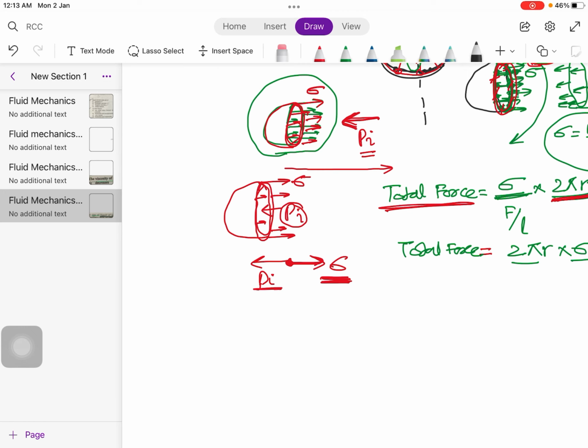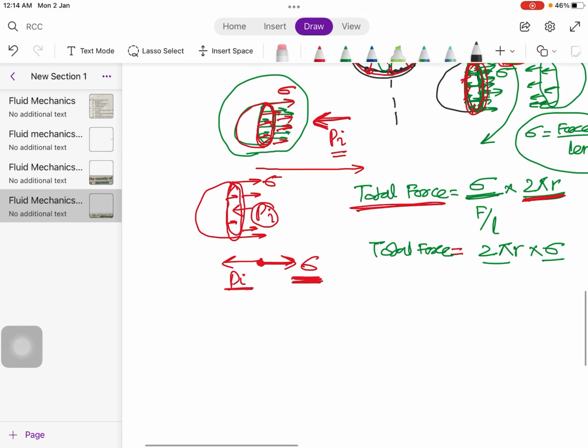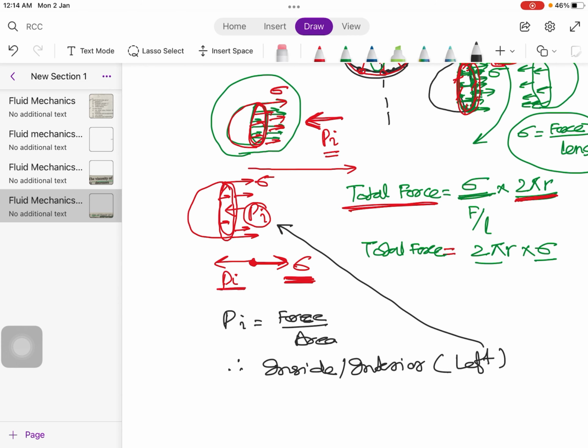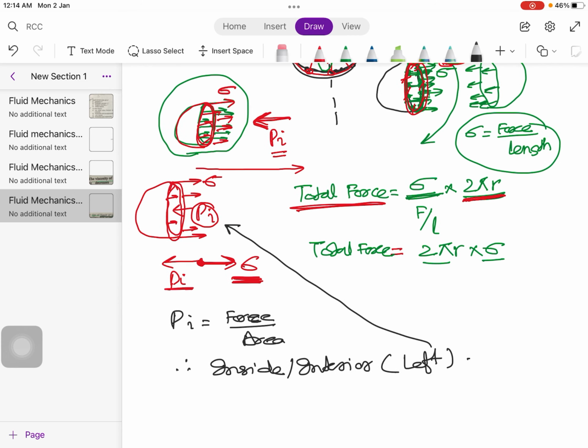Now, pressure is force acting per unit area, and therefore this inside force, or the interior force, acting towards left here in this water droplet is the inside pressure times the area.